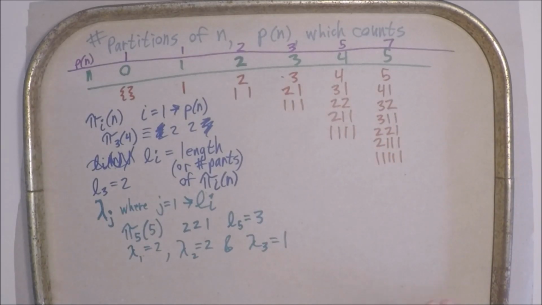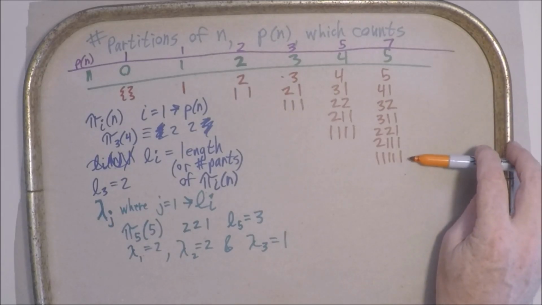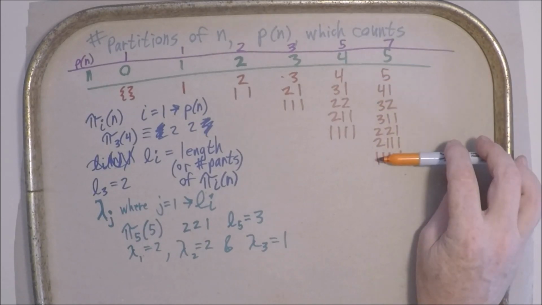It's helpful to see that you always start with one copy of n, and you always end with n copies of 1. And everything else is what you get running the gamut in between.